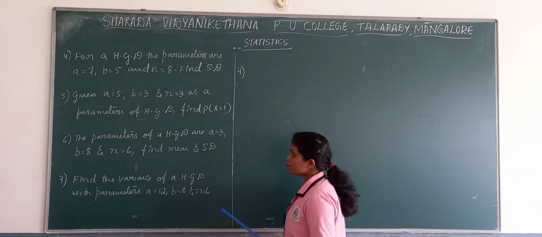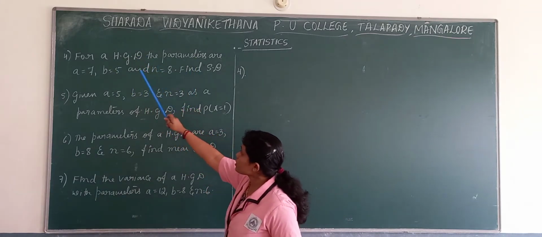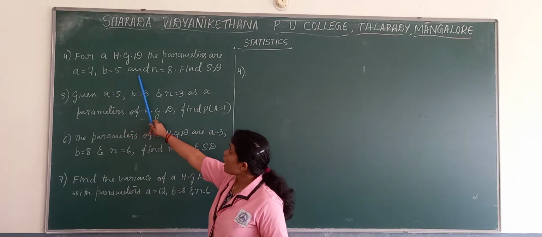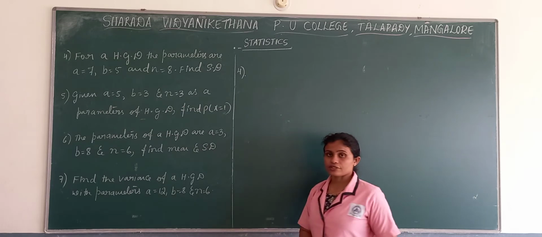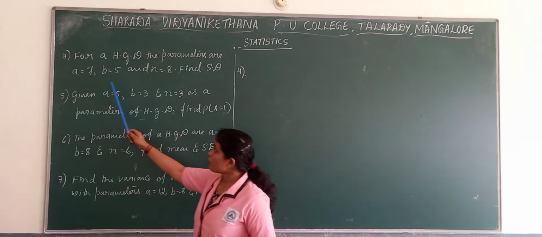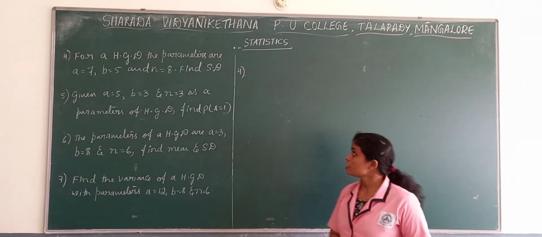Now read the problem. For a hypergeometric distribution, the parameters are a is equal to 7, b is 5 and n is equal to 8. Find the standard deviation. Directly they have given the values of a, b, n, the parameters of the hypergeometric distribution.